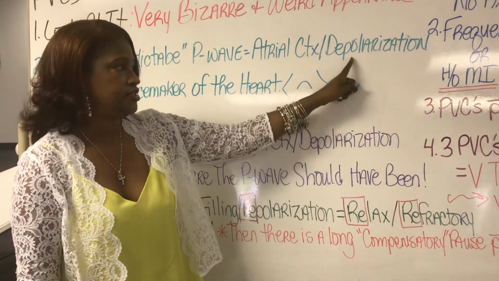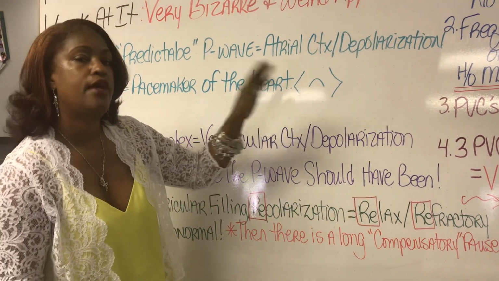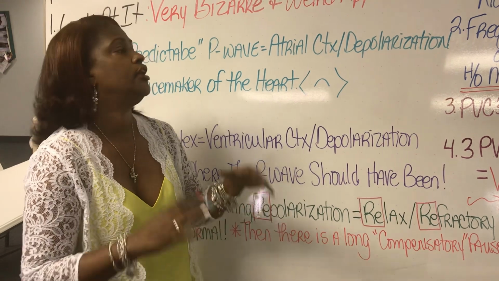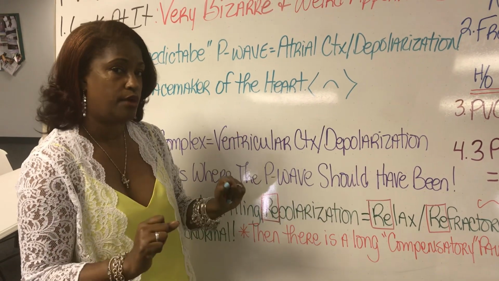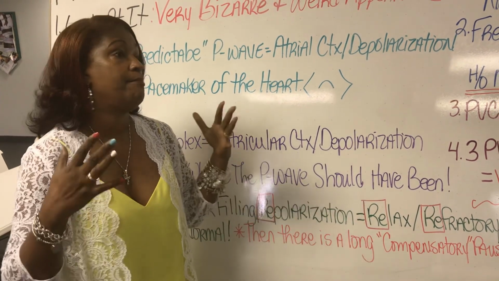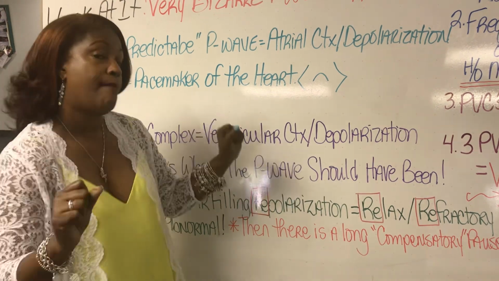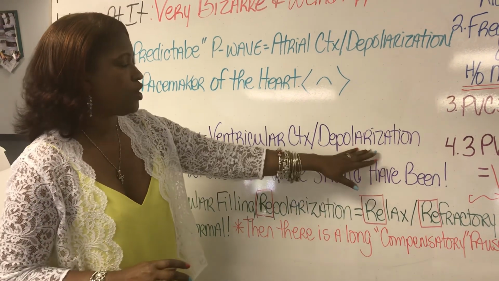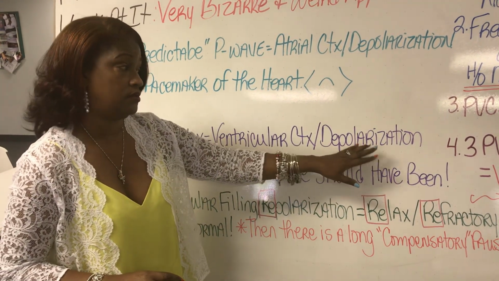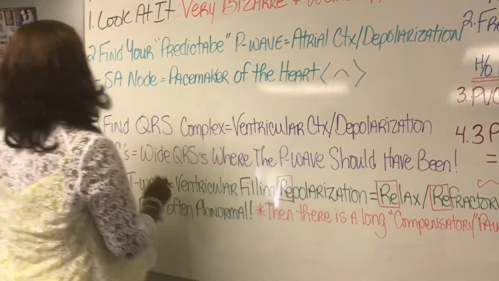Depolarization: atrial contraction is a little tiny hump. The atria are smaller. The ventricles are huge. They're the big muscular part of our heart, and they are pumping. So when they contract, oh, huge QRS, okay?